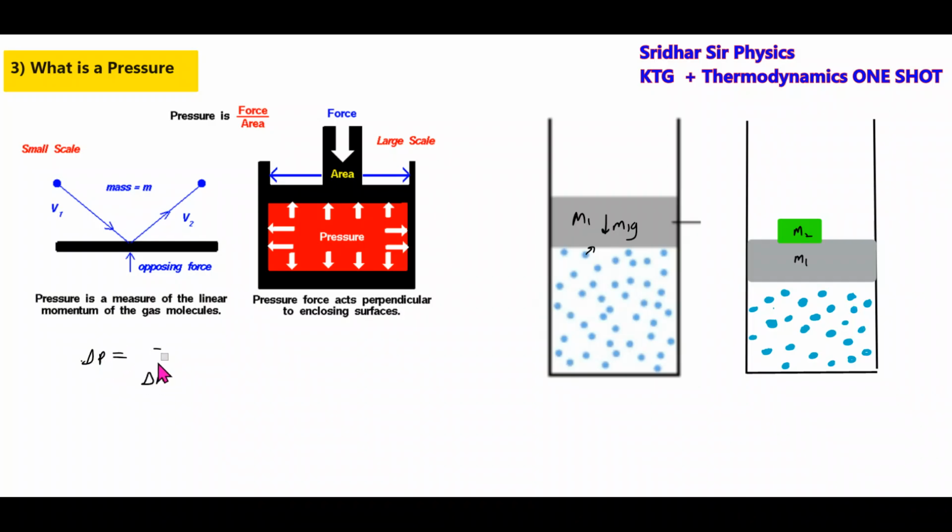When the molecule goes and collides, its momentum changes. Let's assume angles theta 1 and theta 2. The change in momentum is m v2 cos theta 2 minus m v1 cos theta 1, with a minus sign on the other component. Since all collisions are elastic, v1 equals v2 and theta 1 equals theta 2. So this becomes 2 m v cos theta.